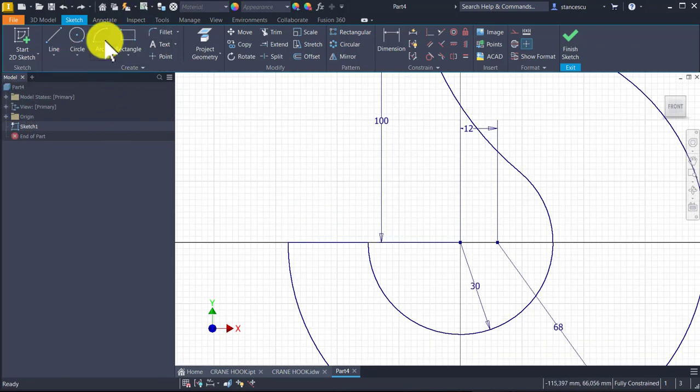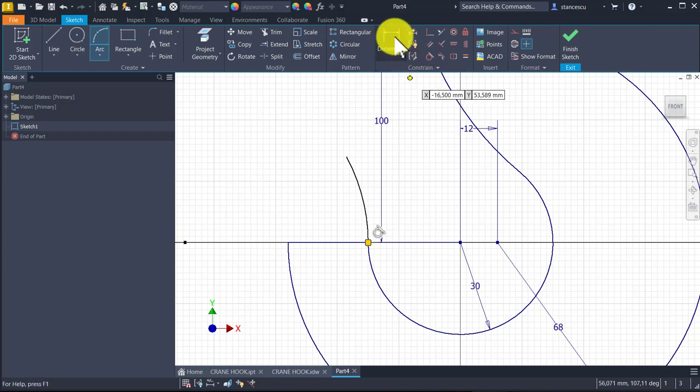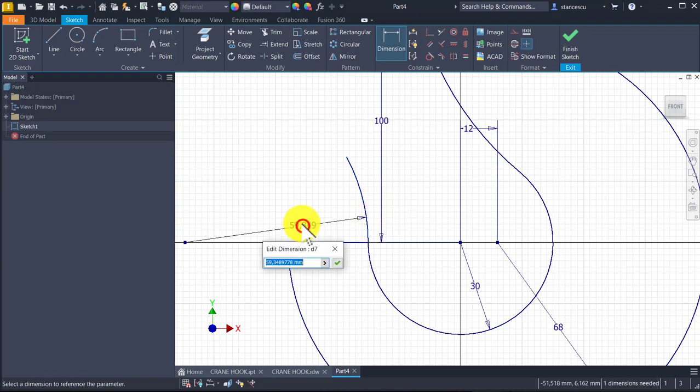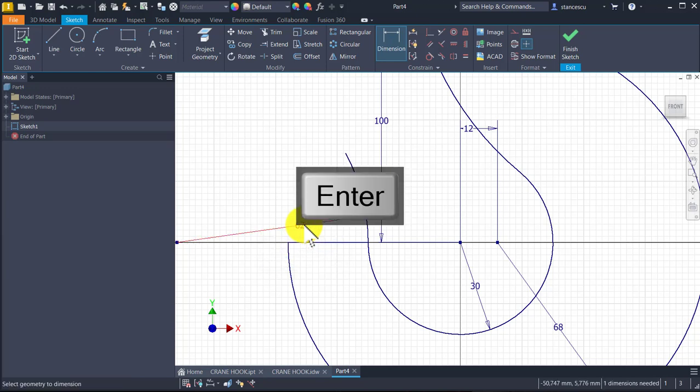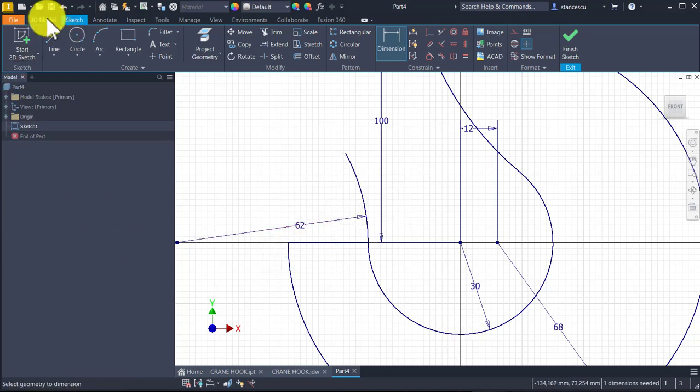I'll draw an arc, my friends, for the beginning. This is the arc. Now it is tangent. I apply the dimension, which is 62, and then line as arc.